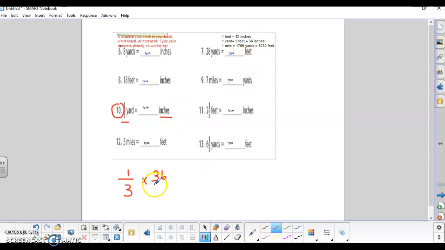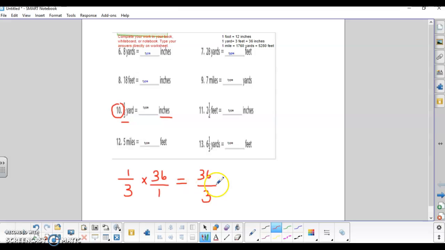Well, when I multiply fractions, 36 is a whole number. So 36 over 1 is a fraction of a whole number. When we multiply, we would have 1 times 36, which is 36. And then we have 3 times 1, which is equal to 3.